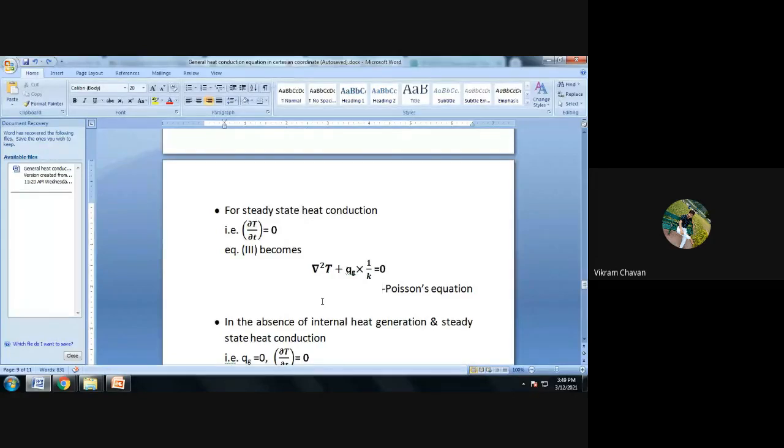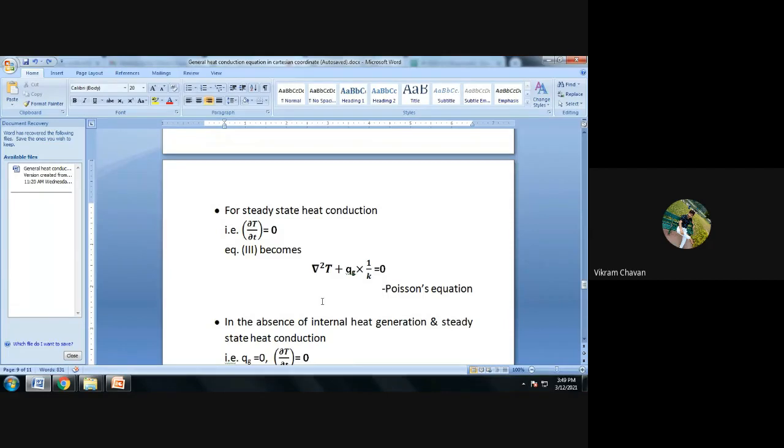That is, dabba capital T divided by dabba small t equal to 0.